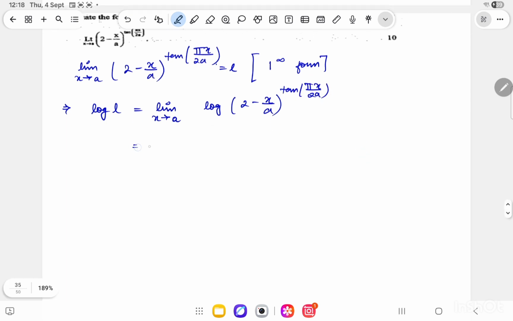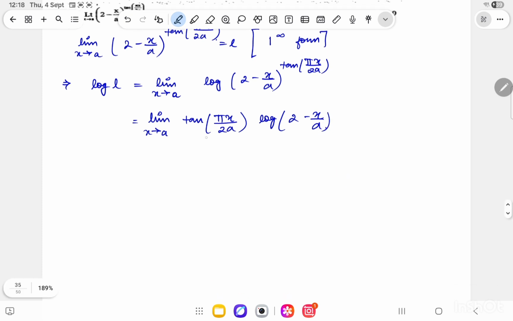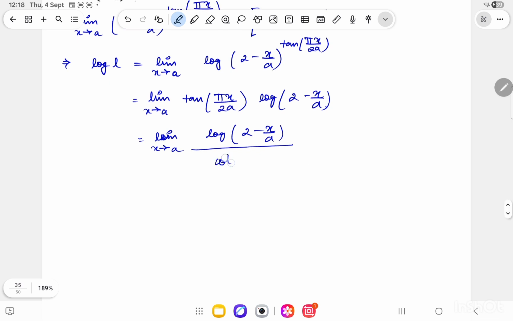This power will come out in front of the log, so it will be tan(pi x by 2a) into log(2 minus x by a), and I can write tan as 1 upon cot, so I'll be getting limit x approaches a of log(2 minus x by a) upon cot(pi x upon 2a).